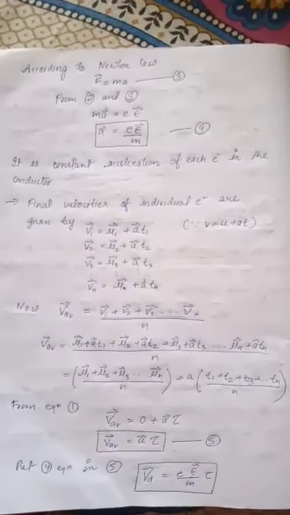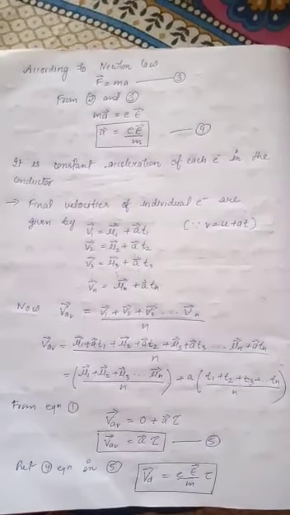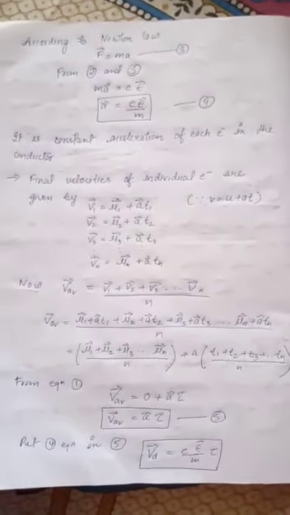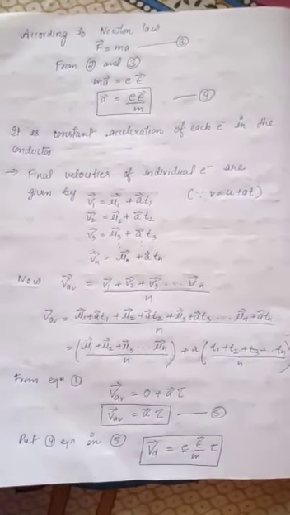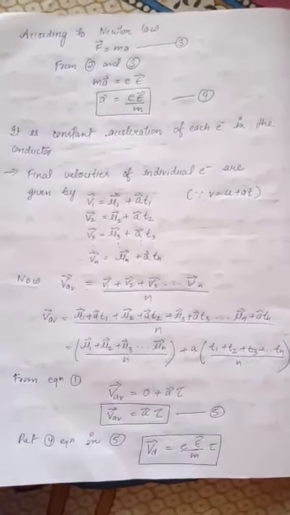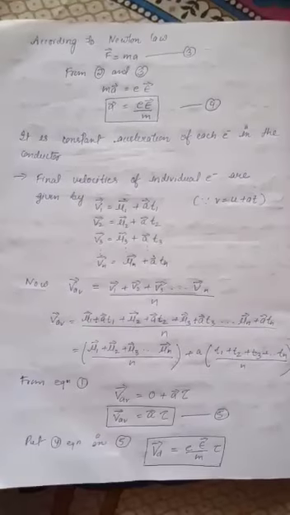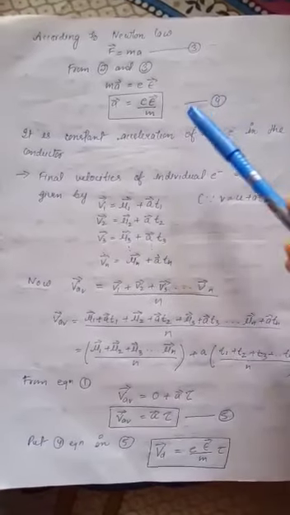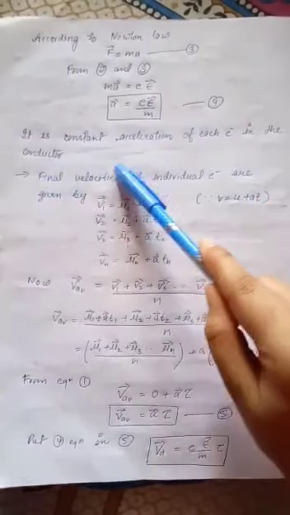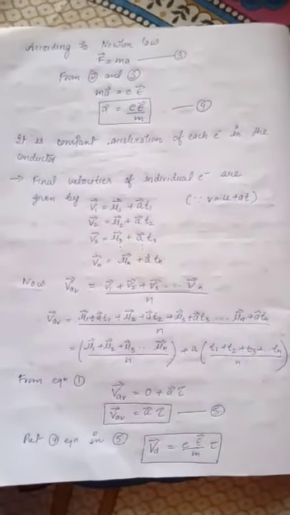According to Newton's law, F = ma. Now from 2 and 3, ma = eE, then a = eE/m, where a and E are vector quantities. This is equation number 4. It is a constant acceleration of each electron in the conductor.